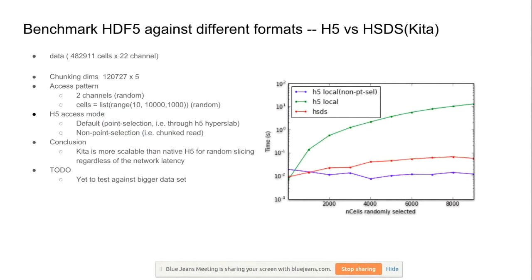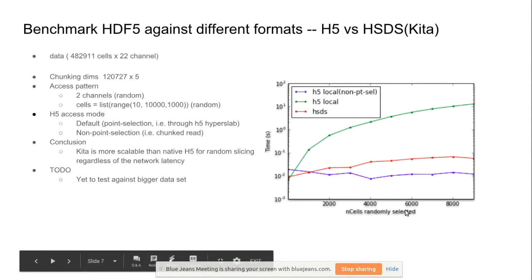And we keep the chunk size proportional to the original data matrix shape, which is about a quarter size of the original data set. For the access pattern, we mainly focus on random slicing, which is a point selection in the HSDS terminology.